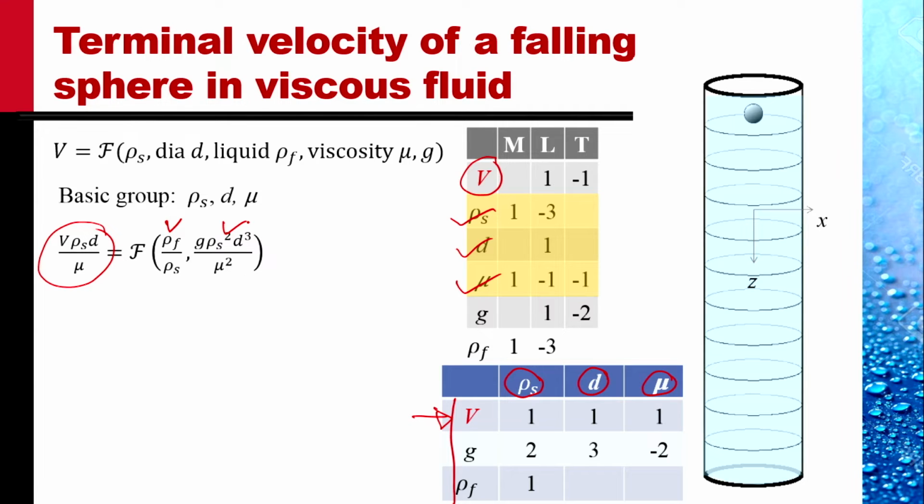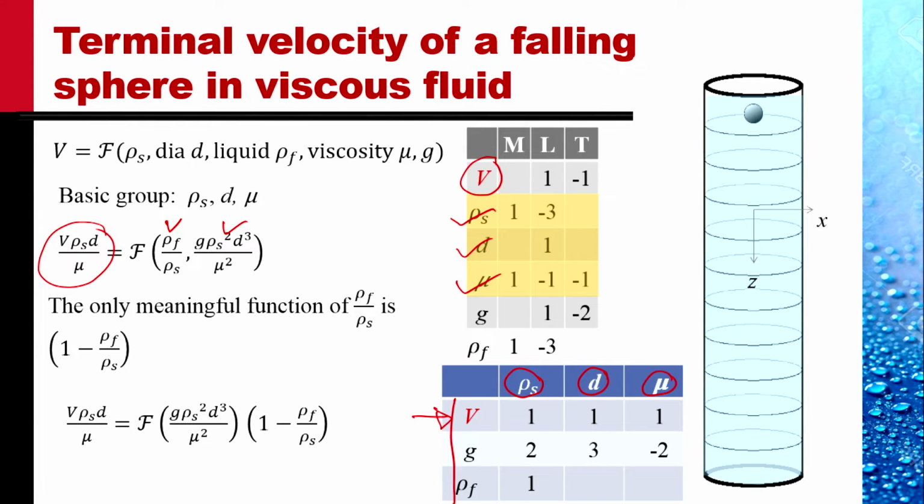This is not a very expressive relationship. So can we bring in some physical information? Yes, the only meaningful function of rho f by rho s for this problem is 1 minus rho f by rho s. That is the difference in densities normalized by rho s.